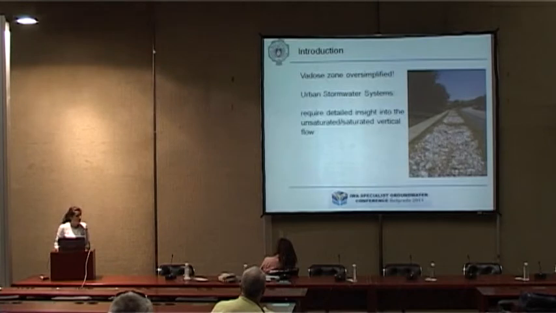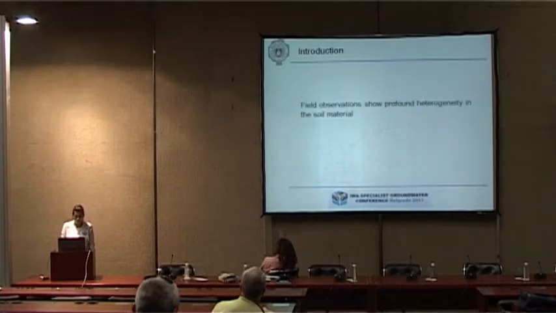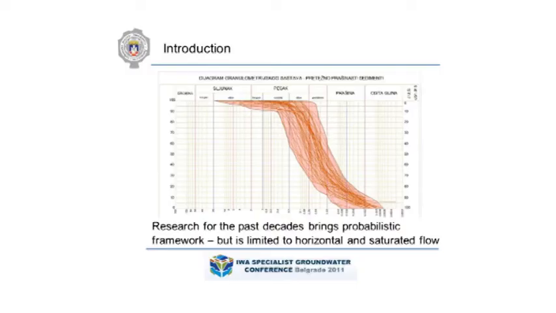these systems do require detailed insight into the unsaturated, saturated vertical flow. On the other hand, we have a lot of field observations that show a high heterogeneity in the soil material. We have here a picture of the granulometric curve in the aquitard of Belgrade.